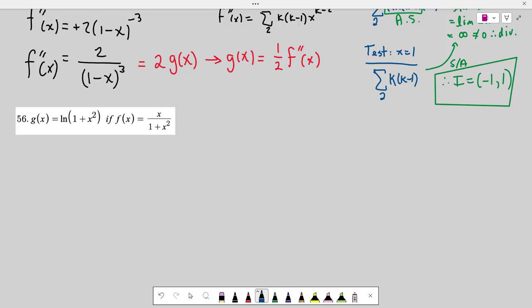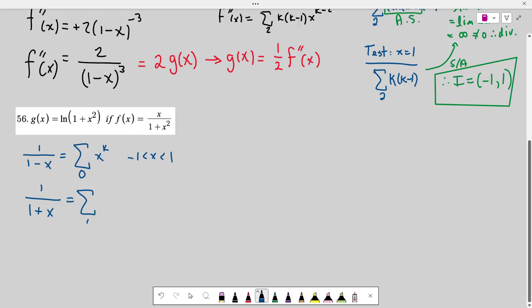So first, let's build the power series for F. We know the power series for 1 over 1 minus x. That's the geometric. And then we switch to the alternating geometric by replacing x with negative x. And if we replace x with negative x, we get this.